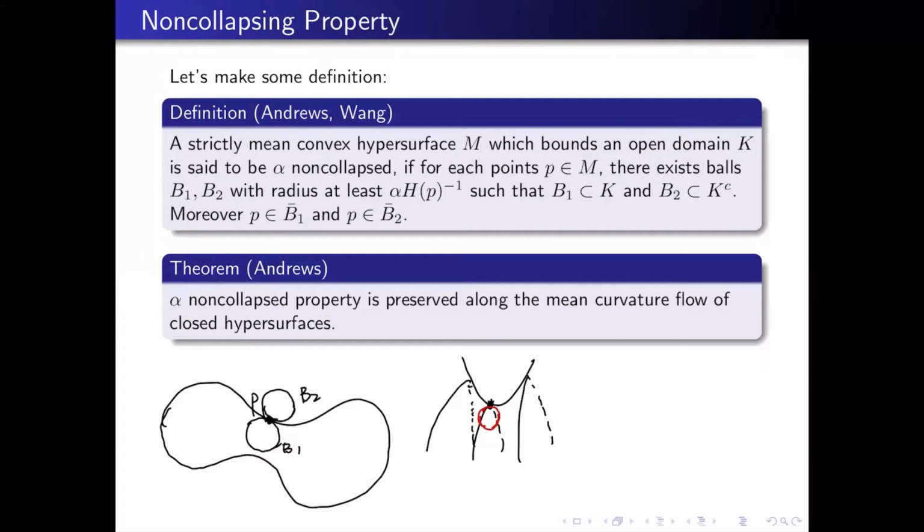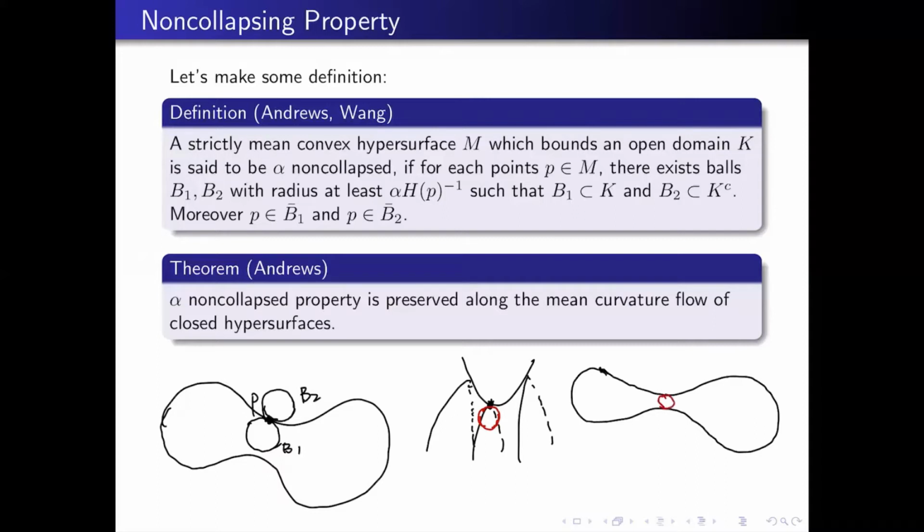The other picture is more like a global picture, where we don't have crazy behavior at one point, but somehow the surface goes around, and we can't fit a ball in this tiny space.